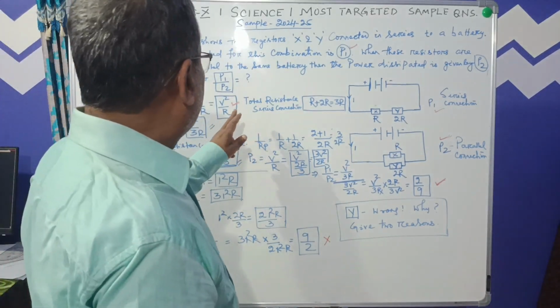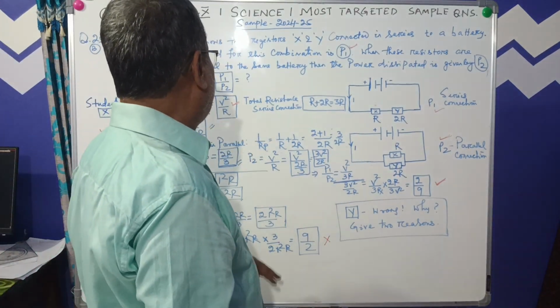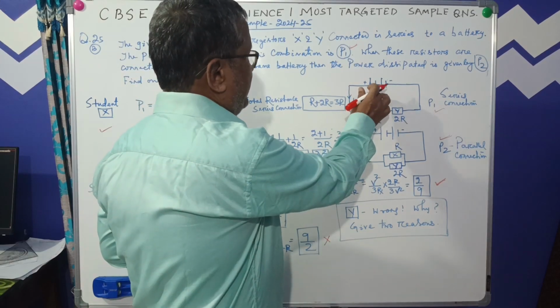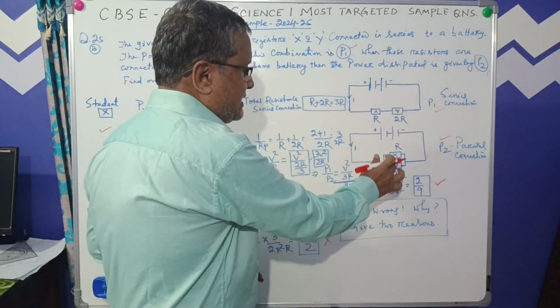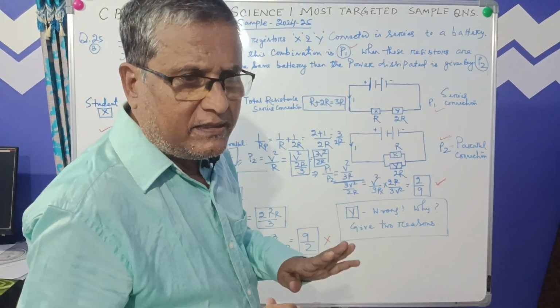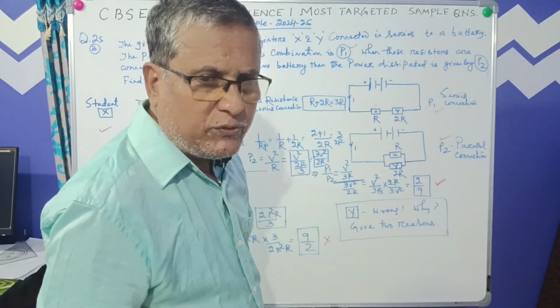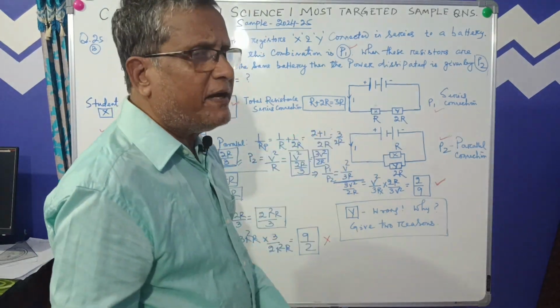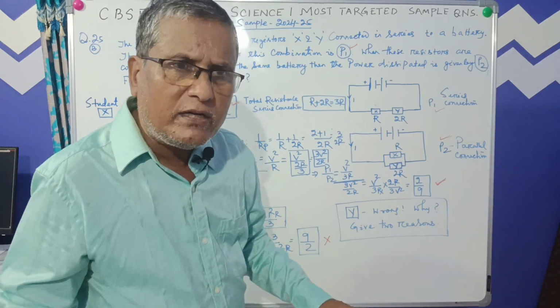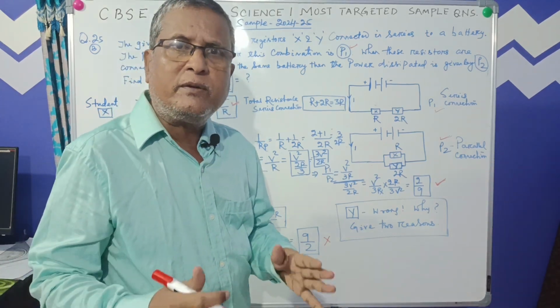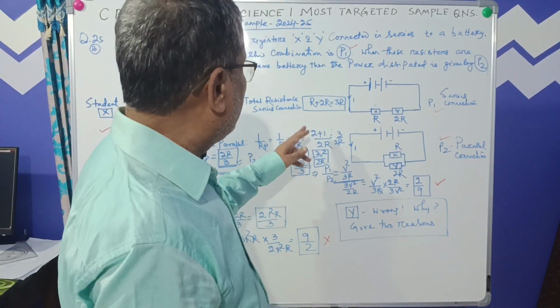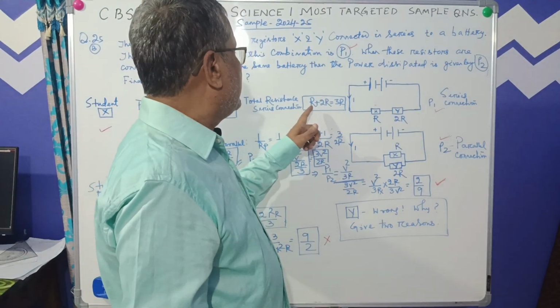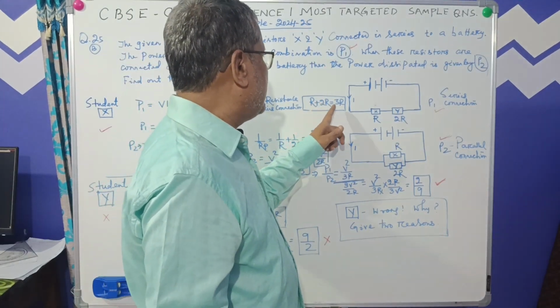Now we have to find R. In V square by R, the voltage V is fixed for the two connections. In the first case, the resistors are connected in series. So what is the total or equivalent resistance? It is R1 plus R2, so R plus 2R is equal to 3R.